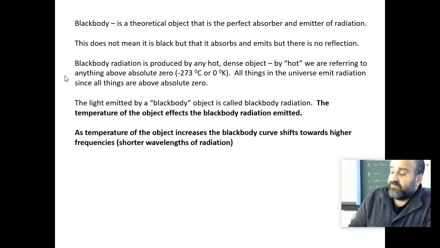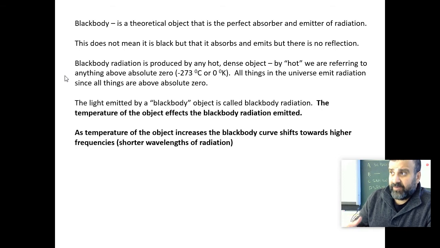So everything in the universe is giving off radiation, since all things are above absolute zero. Once the universe reaches absolute zero, all atomic motion ceases, everything is frozen, everything is stopped. Our universe is not at that point.